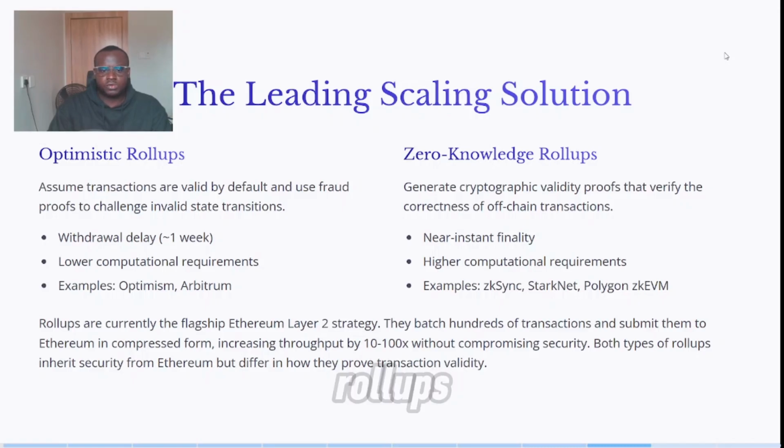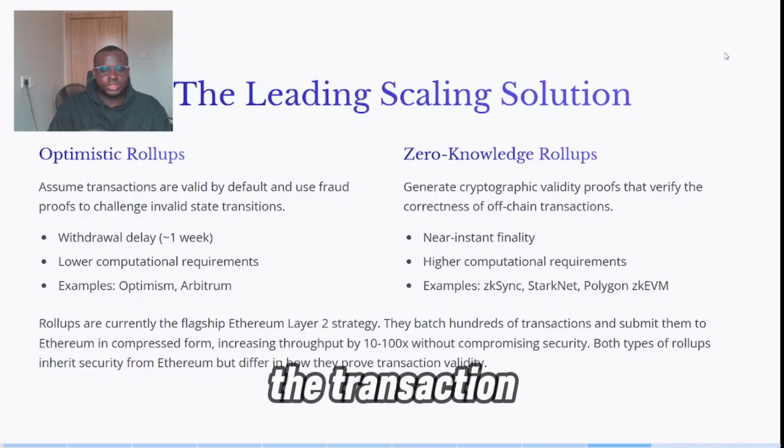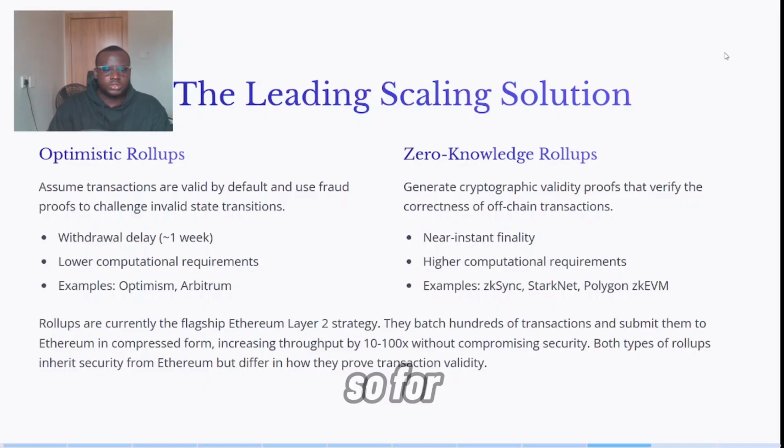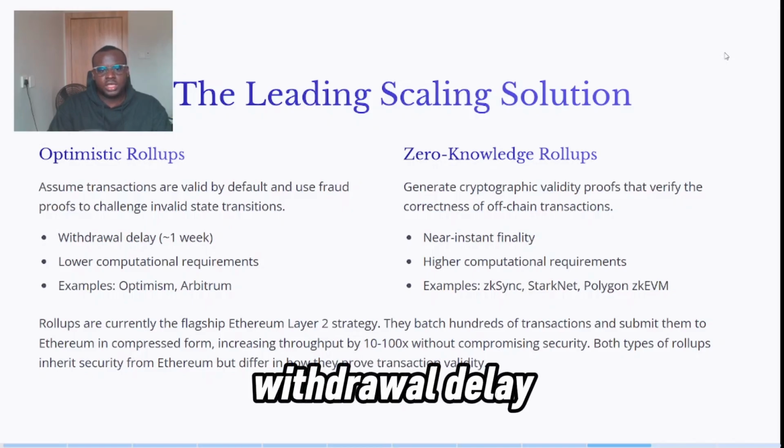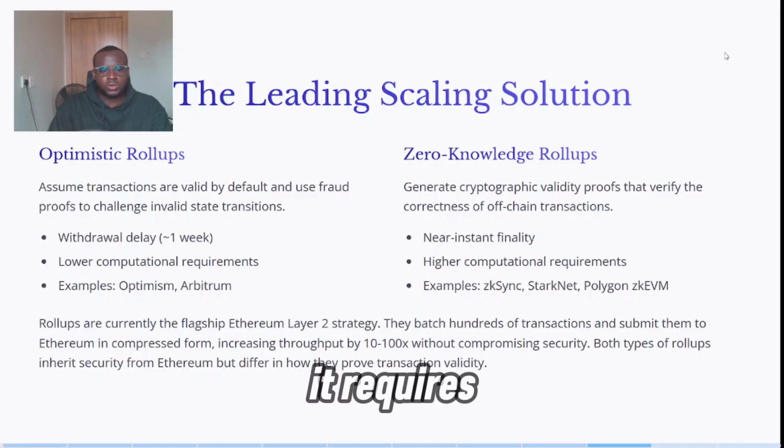Both types of rollups inherit security from Ethereum, but they differ on how they prove transaction validity. Optimistic rollups assume all transactions are valid by default, and they use fraud proofs to challenge invalid state transitions. The withdrawal delay is around 1 week. They require lower computational resources, and examples are Optimism and Arbitrum.